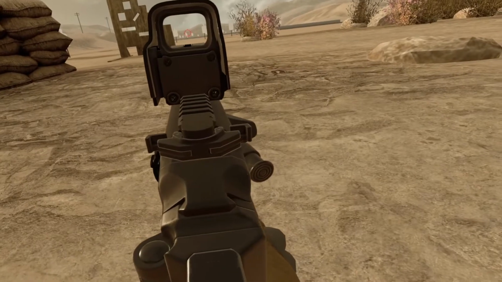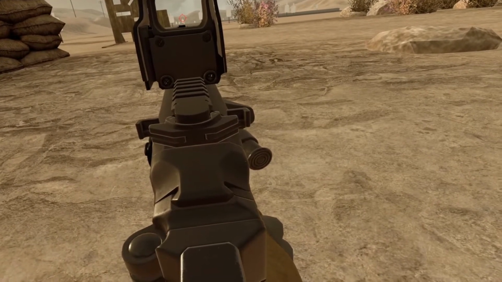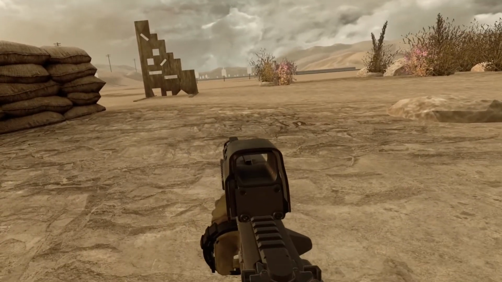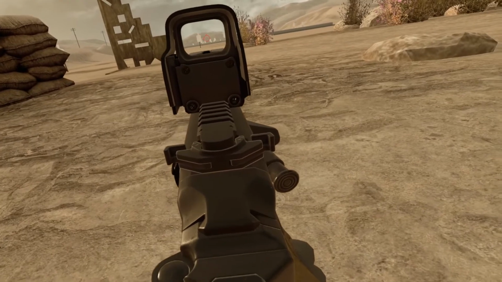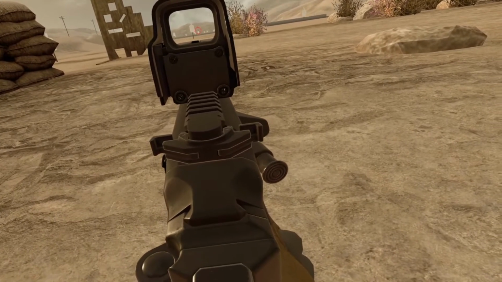Alright, so this hits low. It's the same. Oh, now it's getting really hard to see. Left.